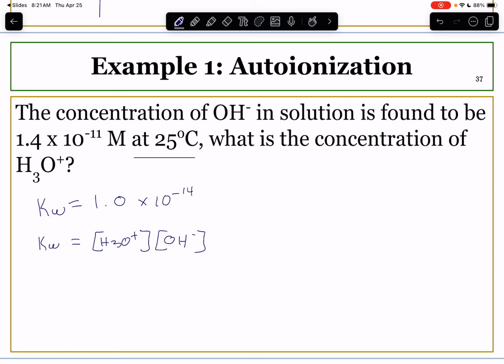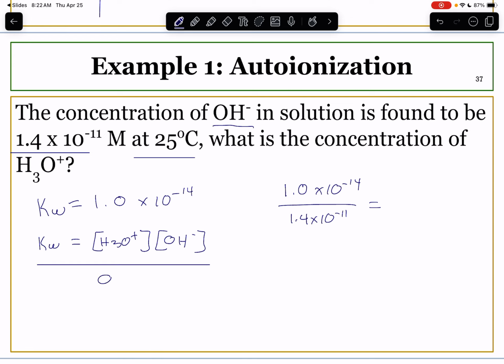Since we are given the hydroxide concentration as 1.4 times 10 to the negative 11, we can take our K value, the 1 times 10 to the negative 14, divide by OH, which is the 1.4 times 10 to the negative 11, and that will equal H3O. Notice, just look at the algebra here. We're going to divide both sides by hydroxide, and that equals the KW divided by hydroxide. And that's equal to H3O.